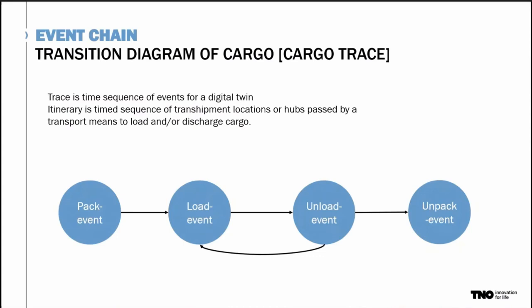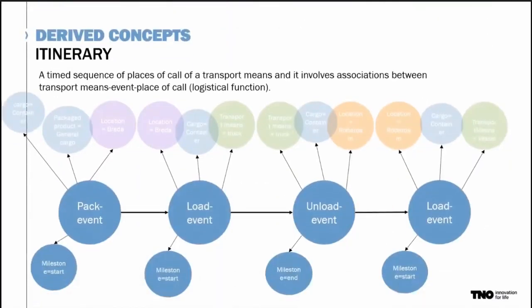because we need to know exactly what was inside of the truck. So we need to follow all the load events where the cargo of this accident was involved in. And in the same way, we can also find a trace of the transport means, also called the itinerary, to gain information about where the truck was headed or where the truck came from, such that we can send the appropriate information about the accident to the relevant authorities.